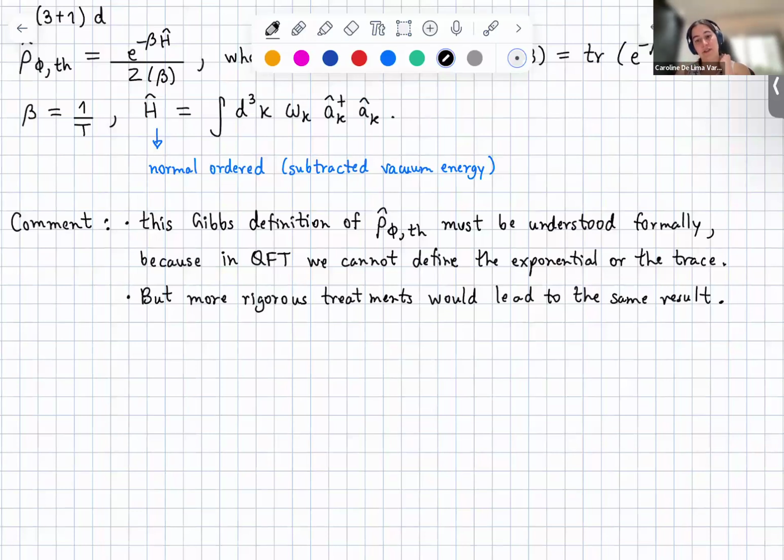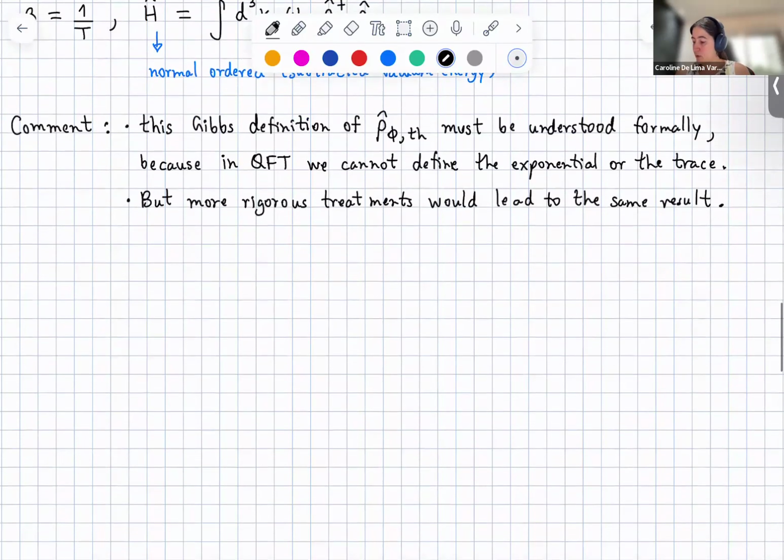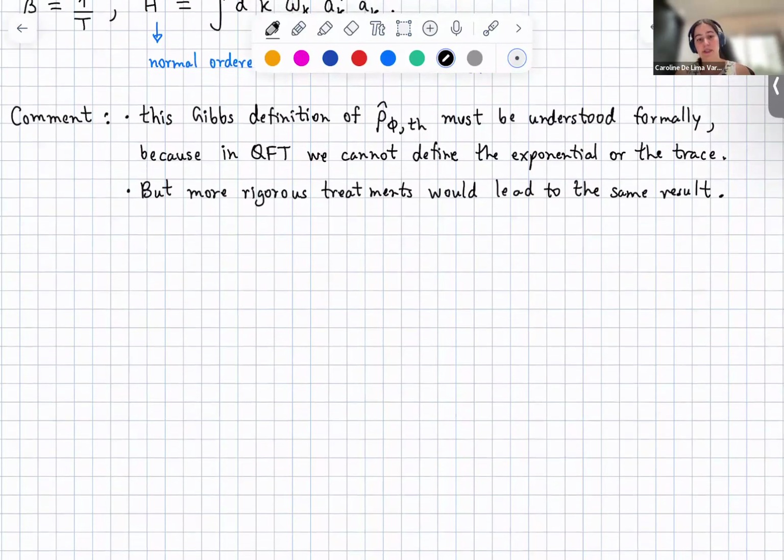Just have this caveat in mind, okay? Rigorous treatment would be using other conditions that lead to the same Wightman function, or if you put your QFT in a box and then take the limit of a very large box, you're still going to recover the same result.